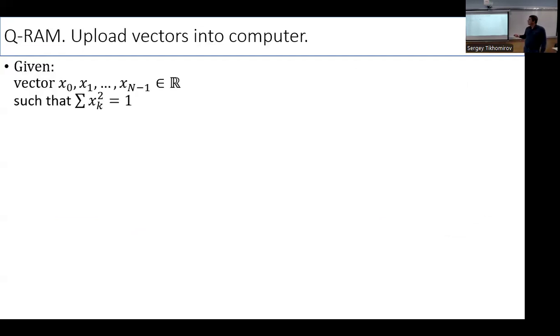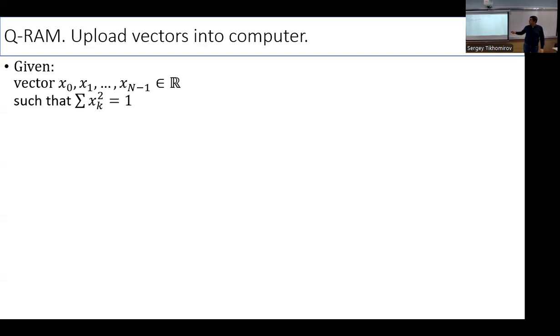So what does it mean to upload numbers to the quantum computer? Assume that we have a list of numbers x0, x1, up to x_{N-1}, so capital N numbers, and they are real. What to do with complex numbers, I will discuss at the end of the lecture.